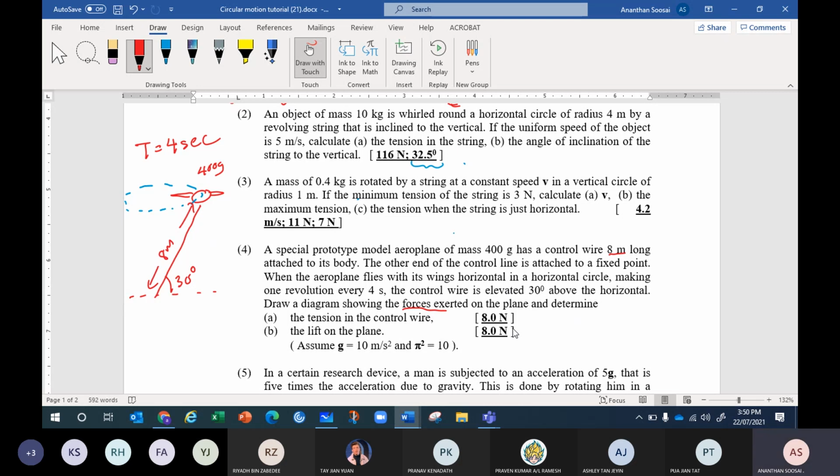Imagine the plane tied to the rope, 8 meters long, at the ground. It makes 30 degrees from horizontal. How many forces are acting on the plane? Anybody?